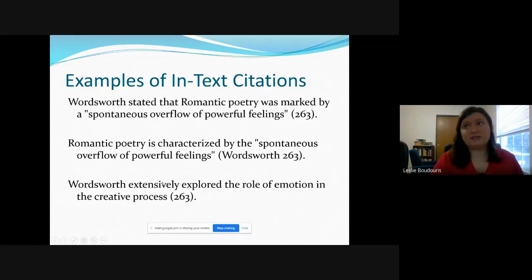So they are summarizing the ideas of Wordsworth, and they have to cite it. So again, if any idea or quote or anything comes from another person, you always need to be able to say this person said it or it's this person's idea. And you have to be able to show where it came from. And so Wordsworth at the beginning, page number at the end.